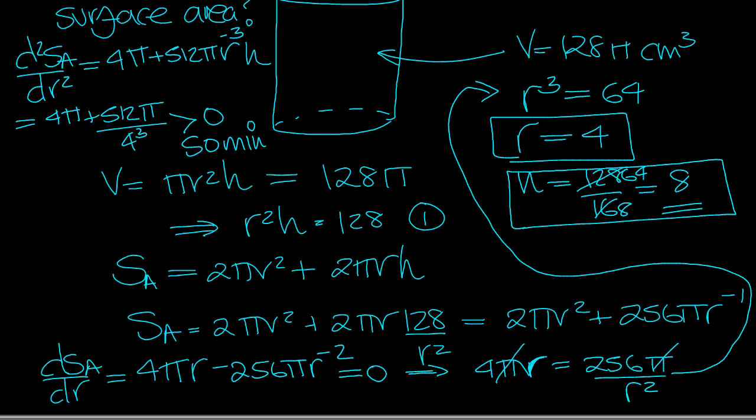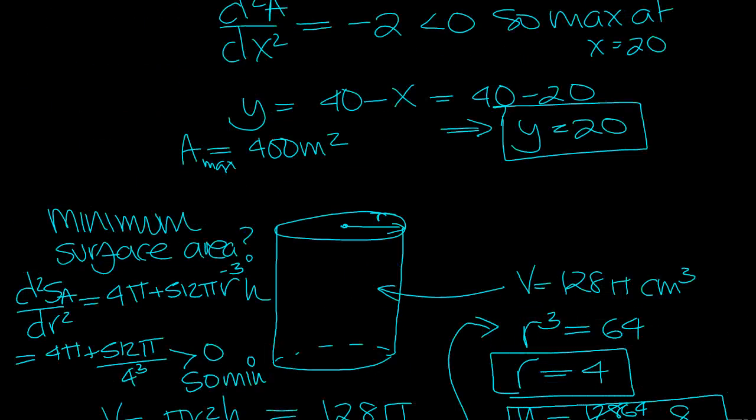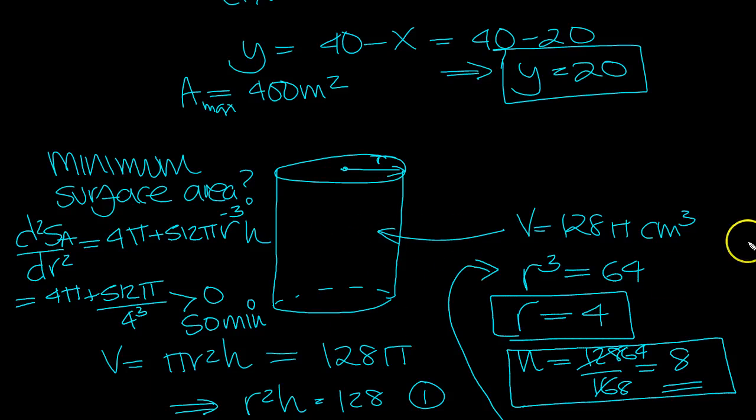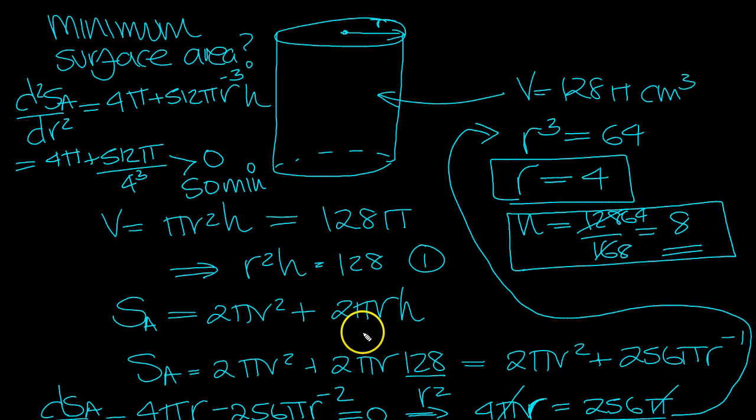And the total surface area then, if we go back up, when r is 4 and h is 8. Here it is. So when r is 4, we get 2 pi r squared, which is 32 pi, plus 2 pi r h, 2 times 4 times 8, which is 64 pi.